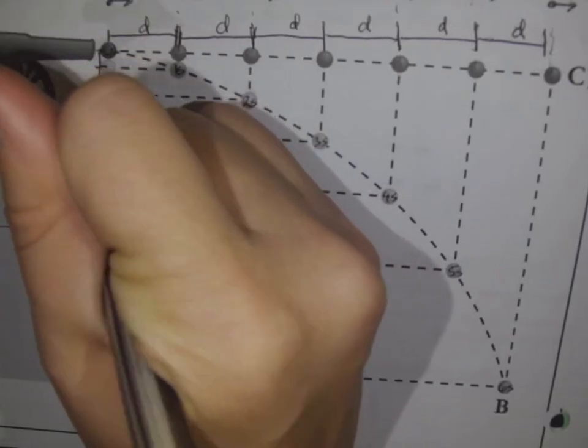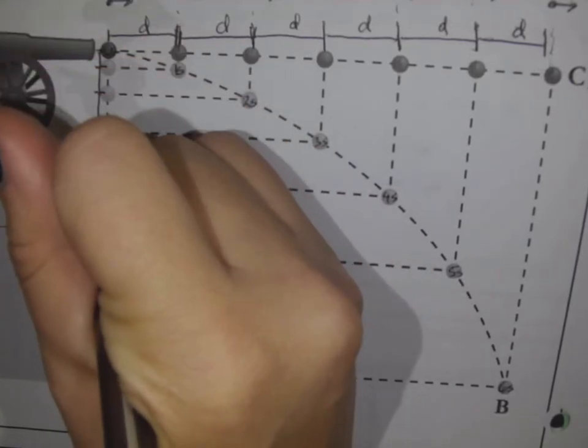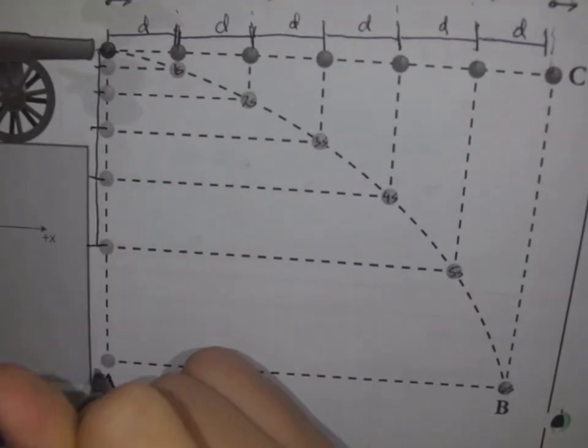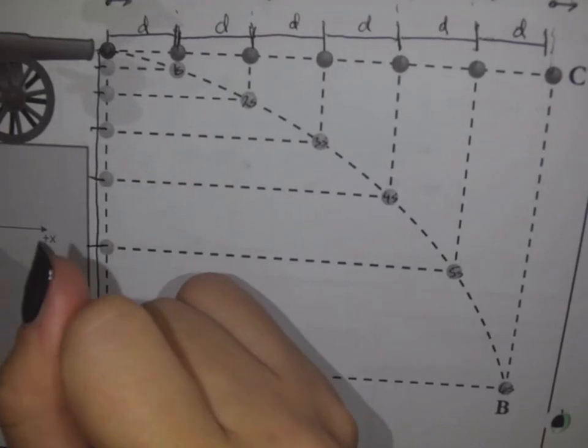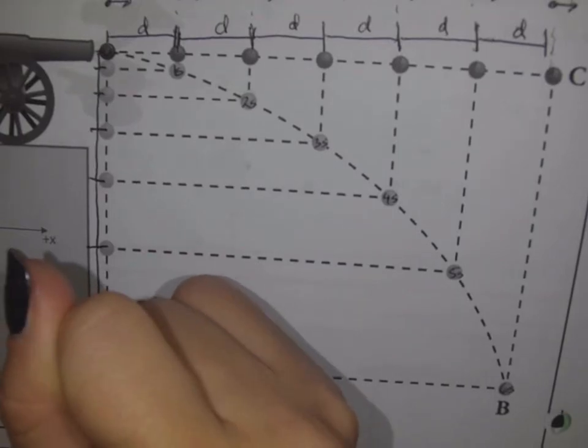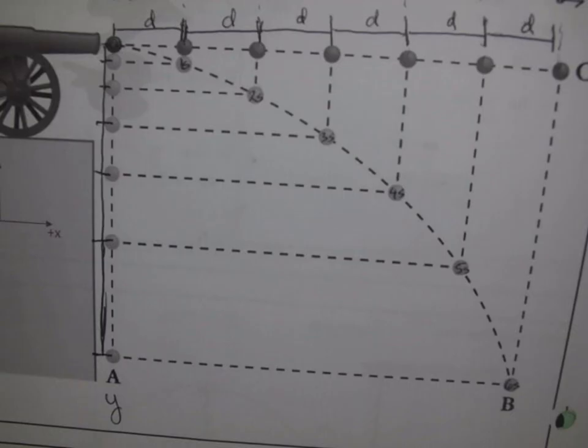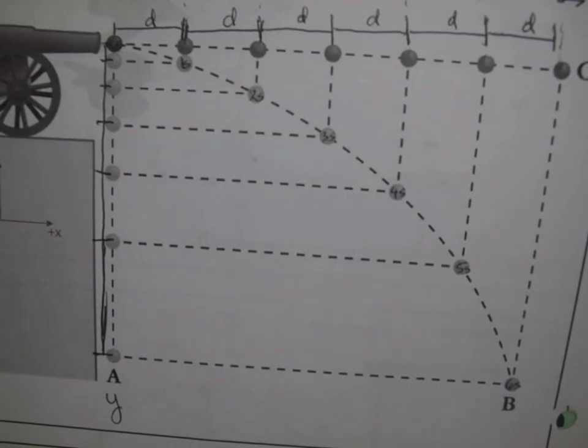Now it's here. Nope, certainly not staying the same. It is increasing. The distance is increasing as time is going by. If we cover a greater amount of distance in the same amount of time, that means that our velocity has increased. We have a higher velocity.